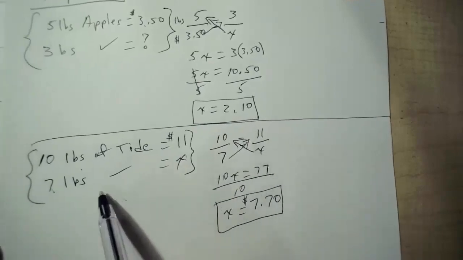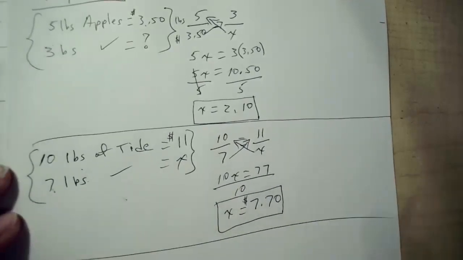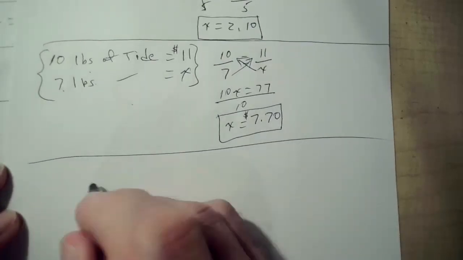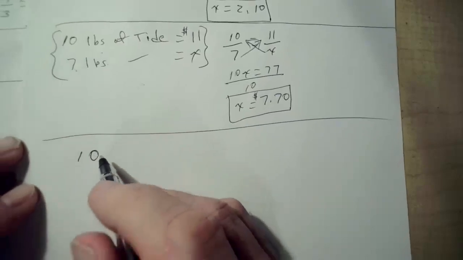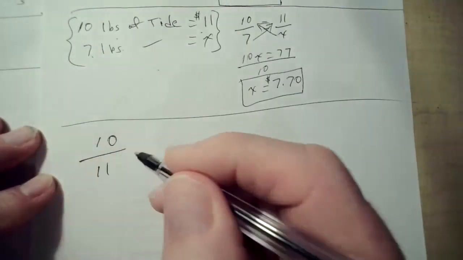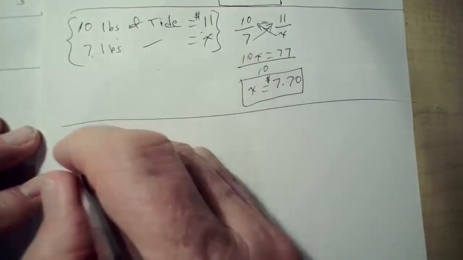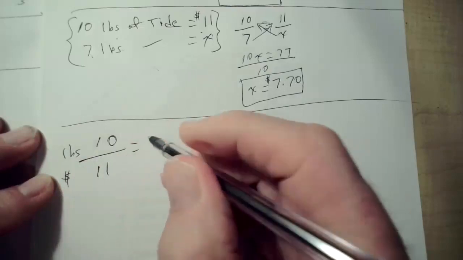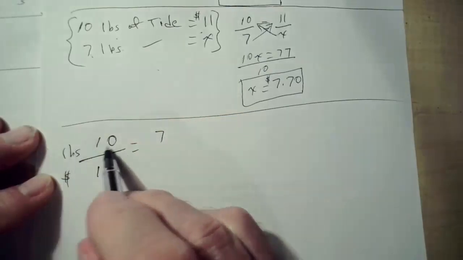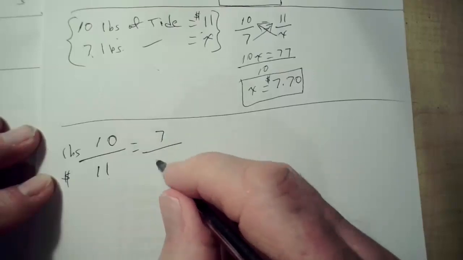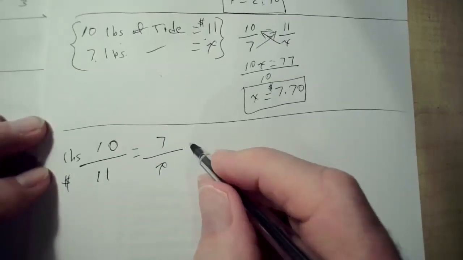And again, you could do this. Let's do it the other way we did it. 10 pounds is to $11, pounds and dollars, as 7 pounds, again, you have to put pounds up here, is to, we don't know.